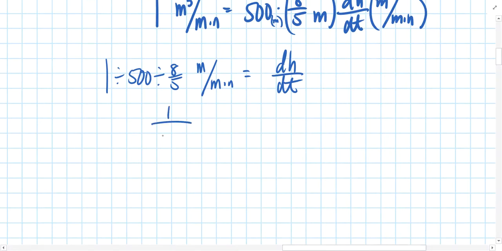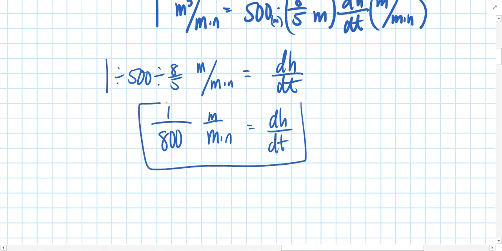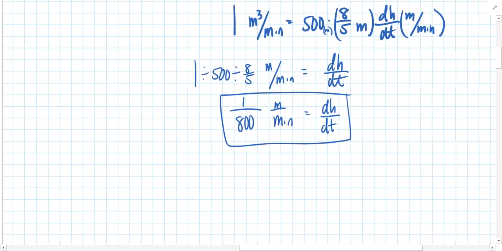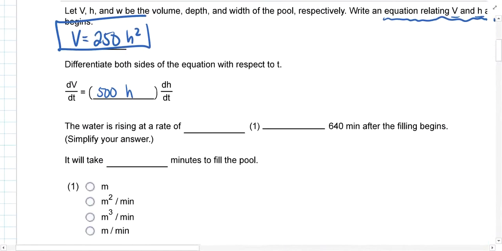I ended up using a calculator off screen and got 1 divided by 800 meters per minute. So the rate at which the water level is rising 640 minutes after the pool started being filled is 1/800th of a meter per minute, which is very, very slow.